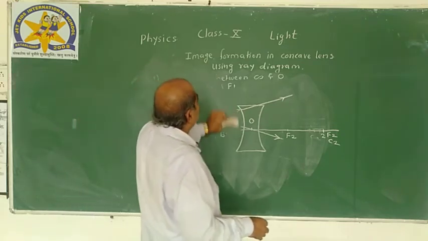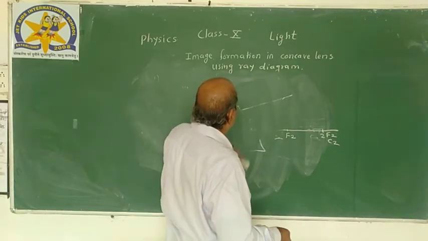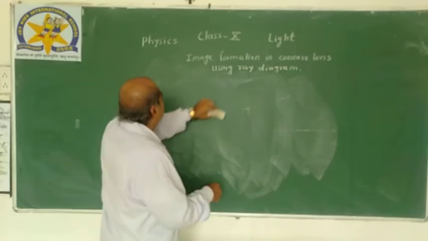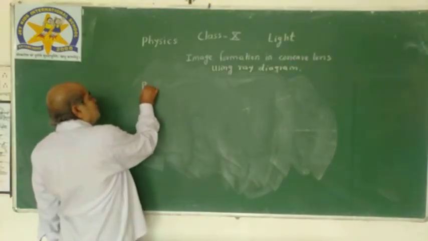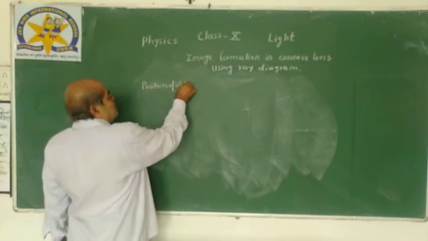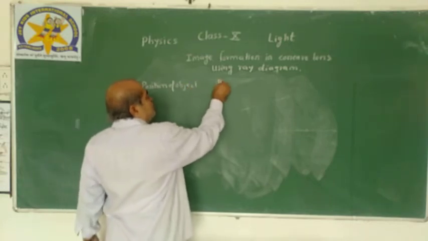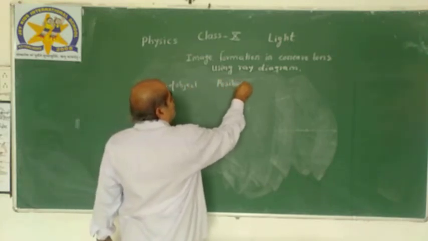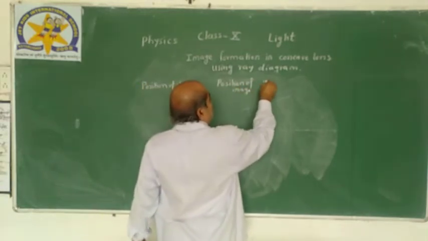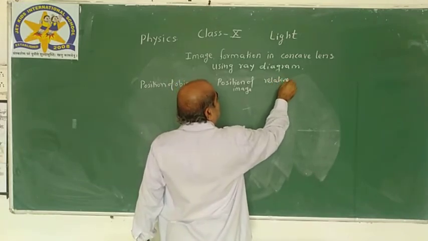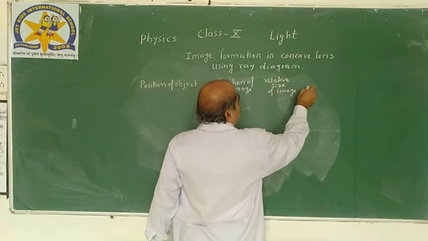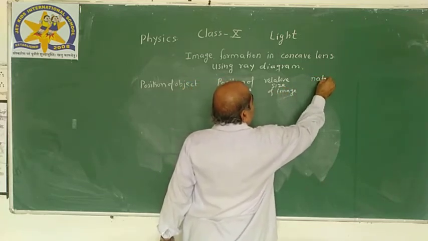Therefore, if you observe the observation table given in your book, the first column is the position of the object, the second column is the position of the image, the third column is the relative size of the image, and the last column is the nature of the image.